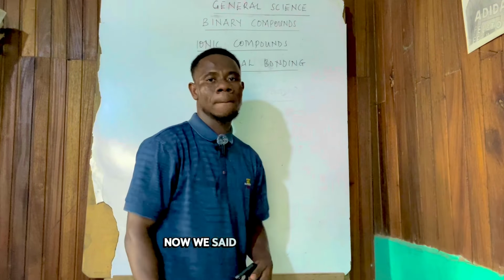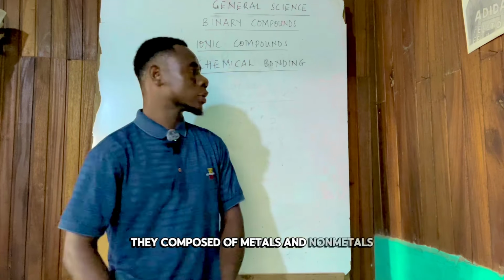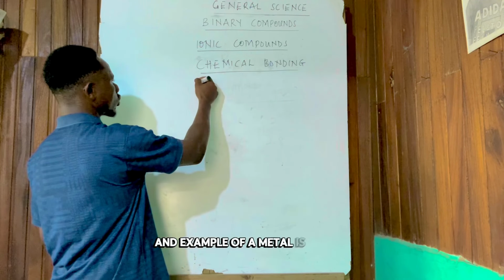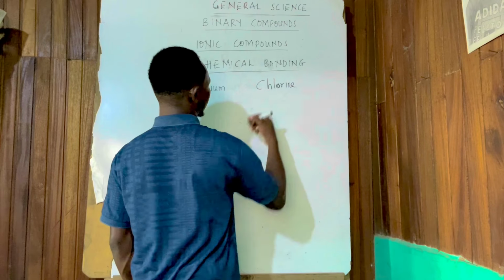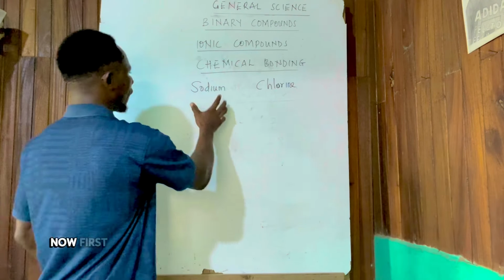Now we said ionic compounds are composed of metals and non-metals. An example of a metal is sodium, and an example of a non-metal is chlorine. First of all, we have to know the symbols: sodium is Na, chlorine is Cl.